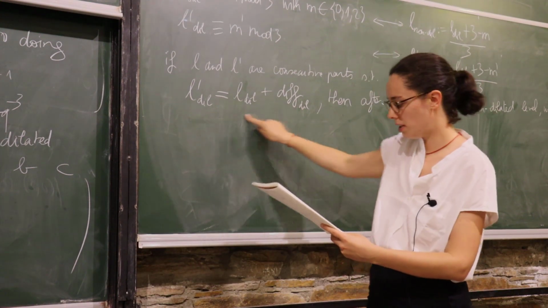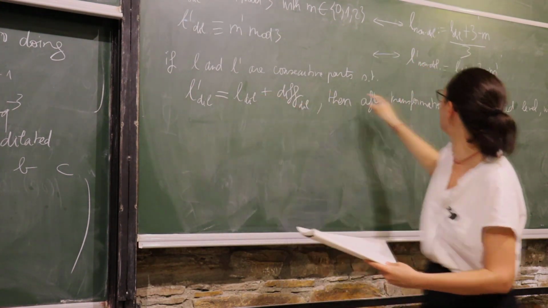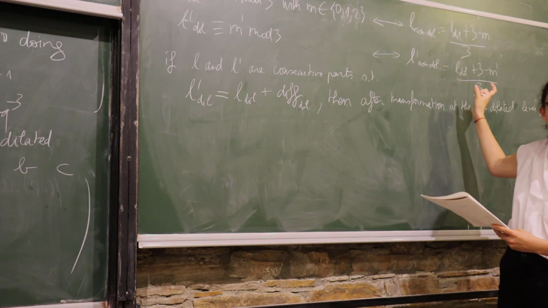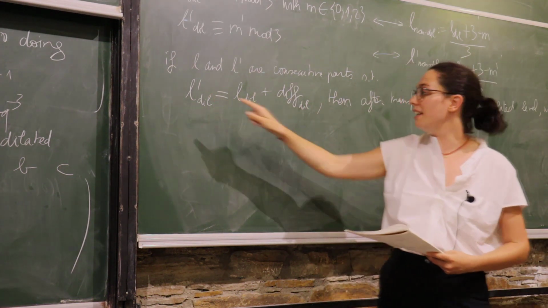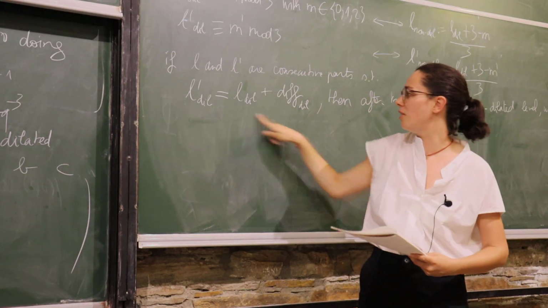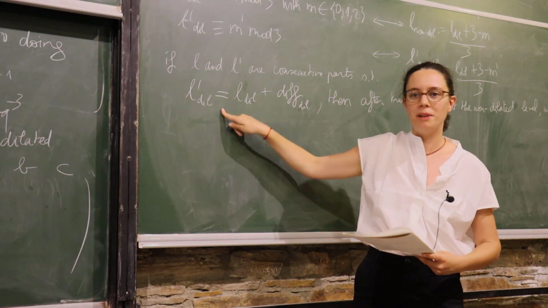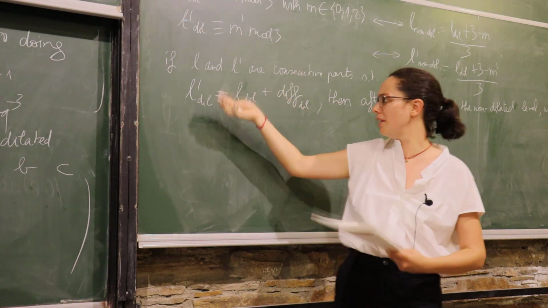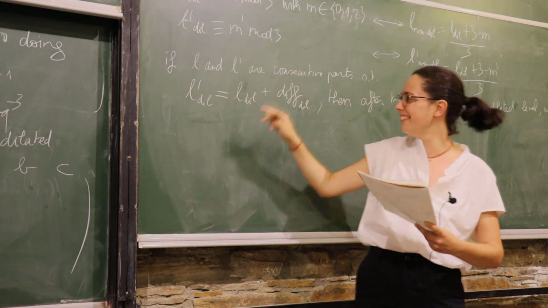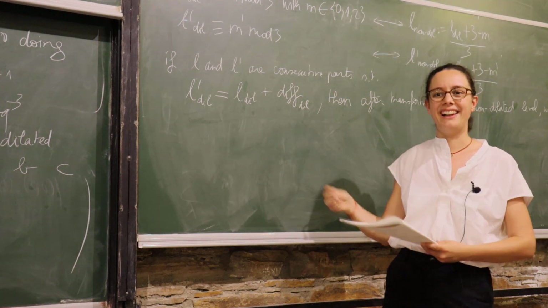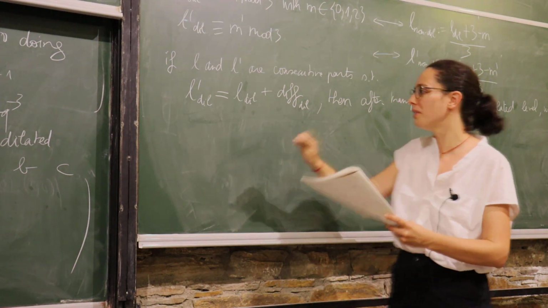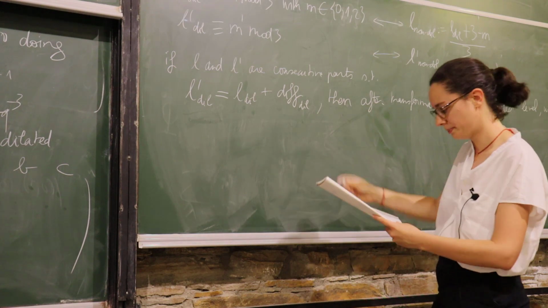We just take this equation and we try to make those numbers appear, because actually what we want to know in the end is some expression of the same shape: L prime non-dilated, L non-dilated plus some non-dilated difference condition. Okay, so that's what we try to do.